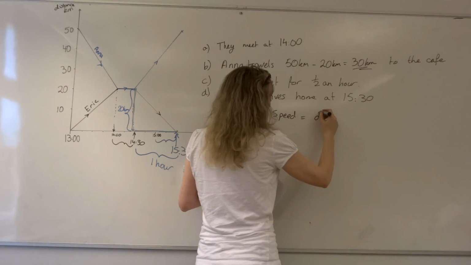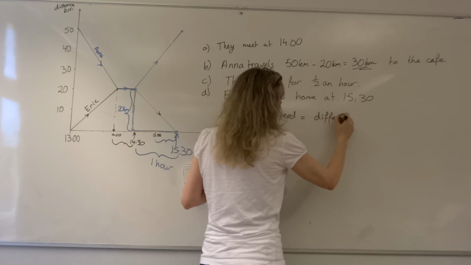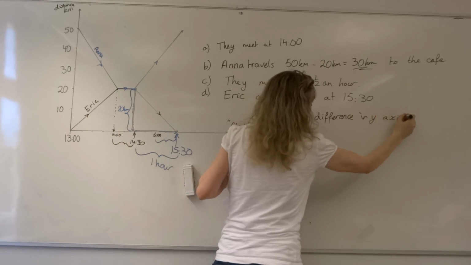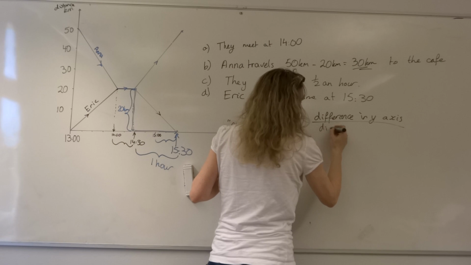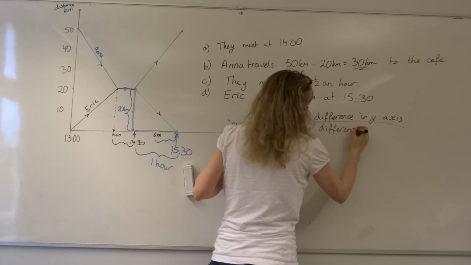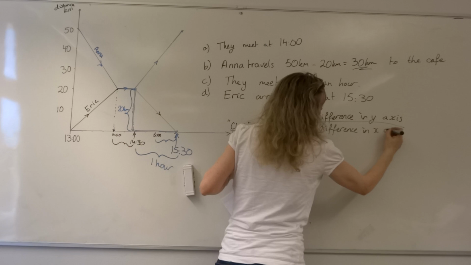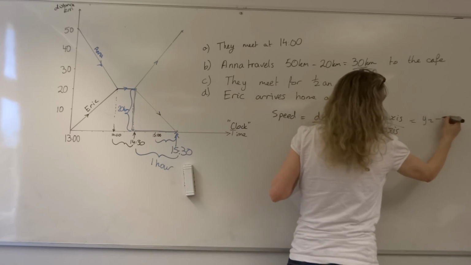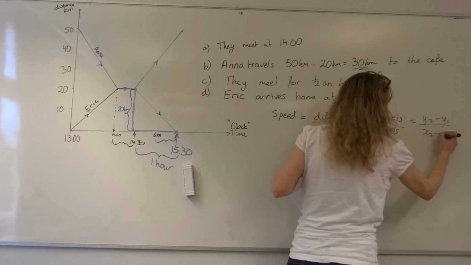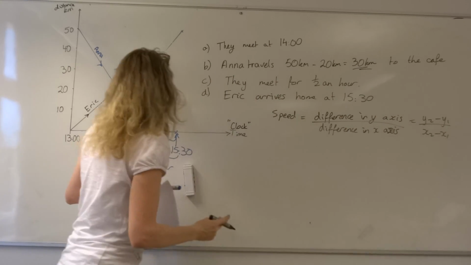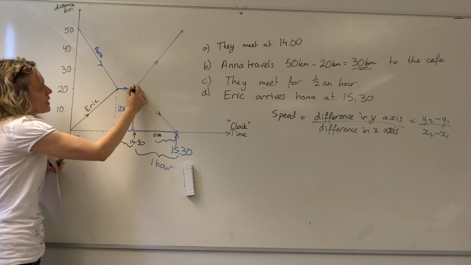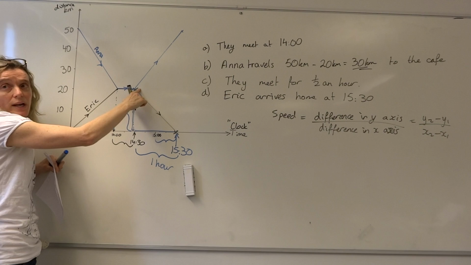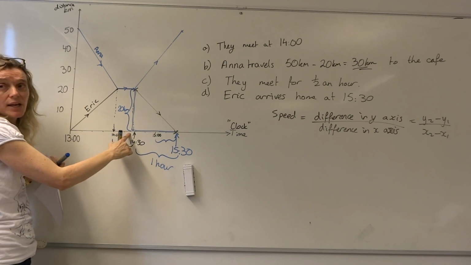So the speed for Eric is the difference in y-axis divided by the difference in the x-axis. This is what we call the gradient, and it's y2 minus y1 divided by x2 minus x1. We decided to take it between these 2 points here. The y-axis up here is 20, and the y-axis down here is 0.